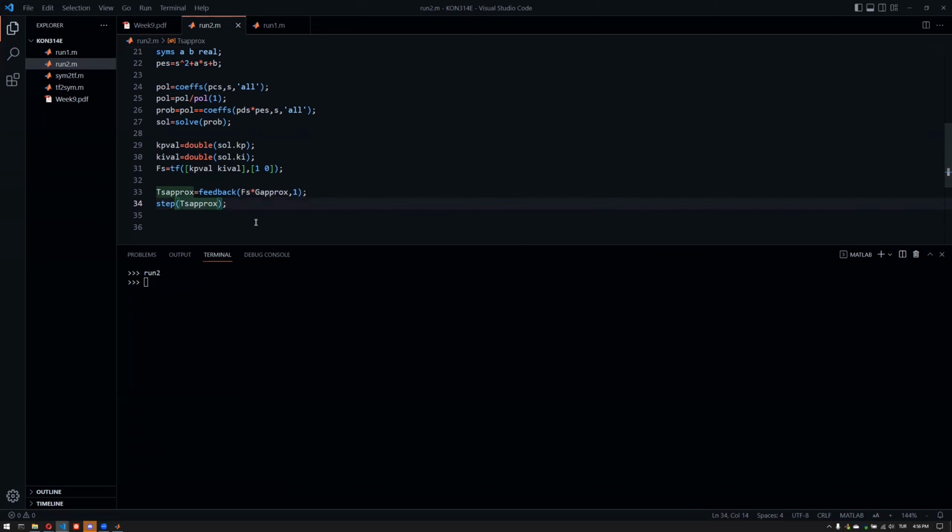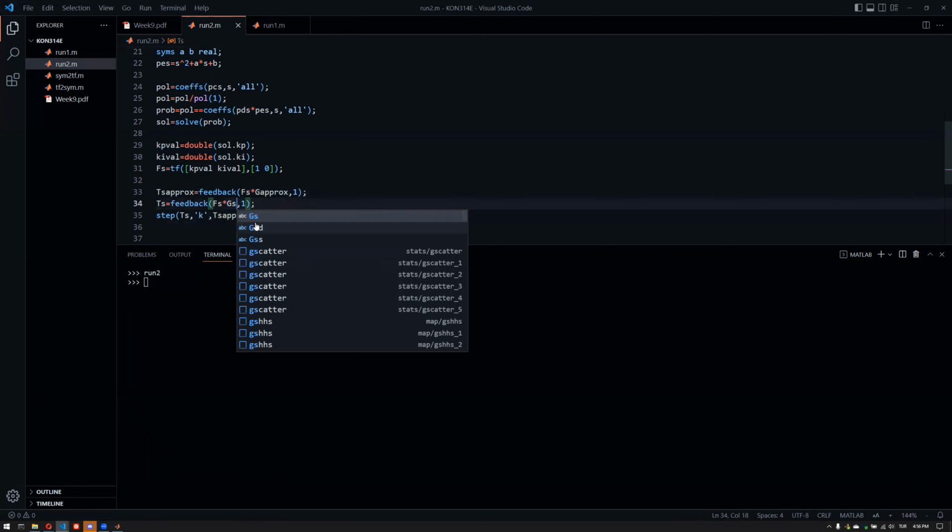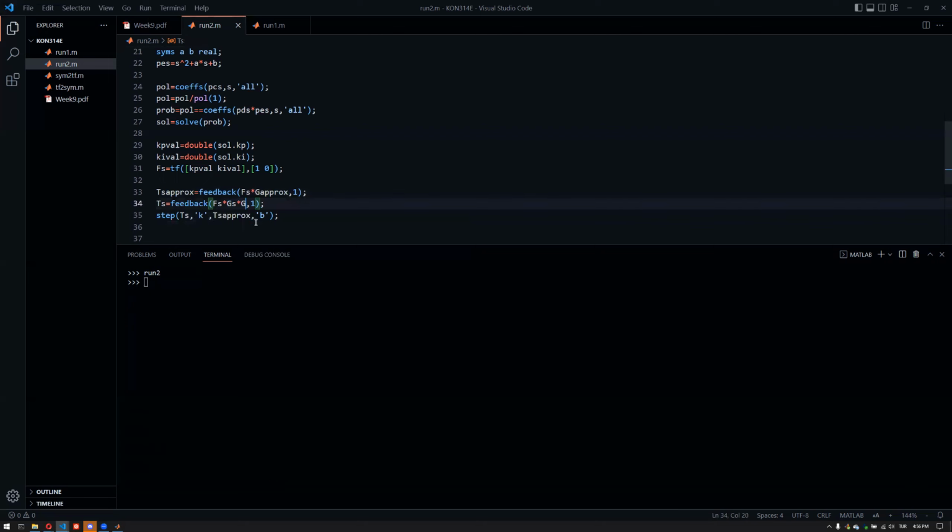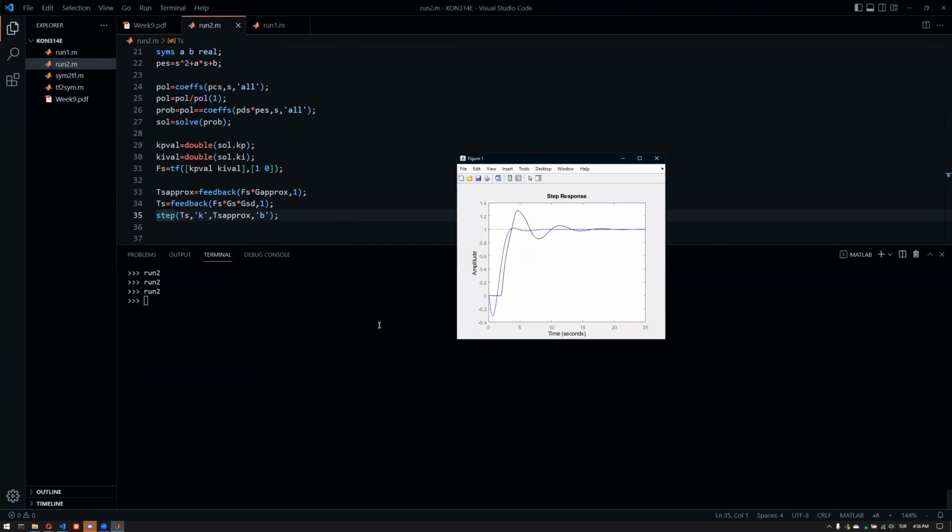The reason behind that is basically, let's have a blue color for this, we should actually look for the system with delay. And this is exactly the point that I'm trying to make, because the actual transfer function is not G approx, it is Gs times Gsd. So it should have delay in it, and we should see the effect of delay.